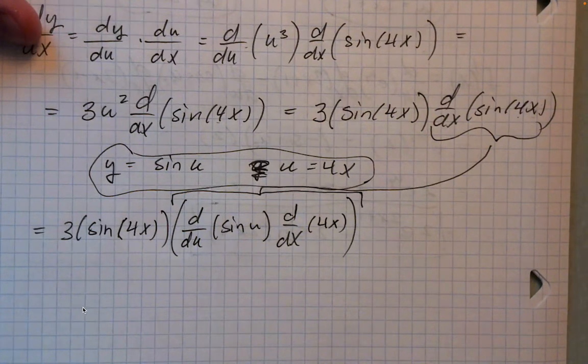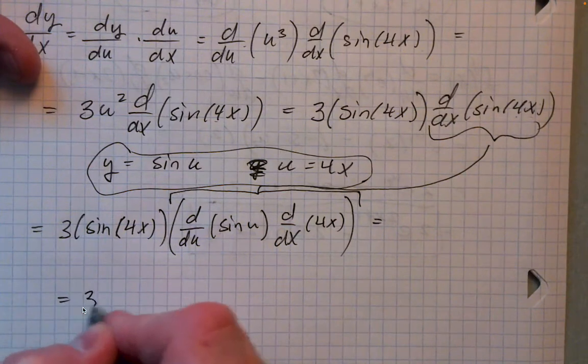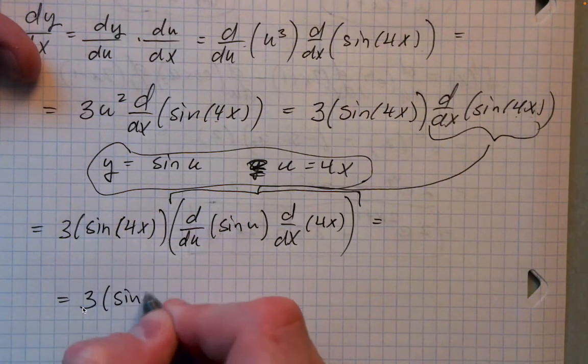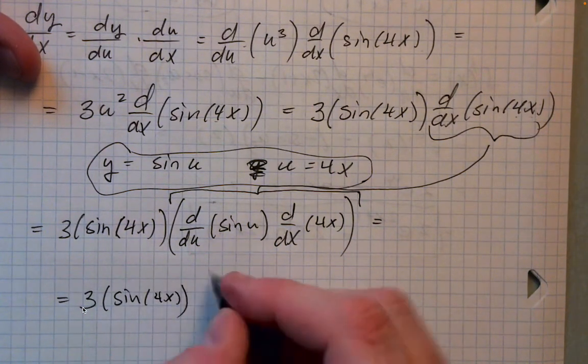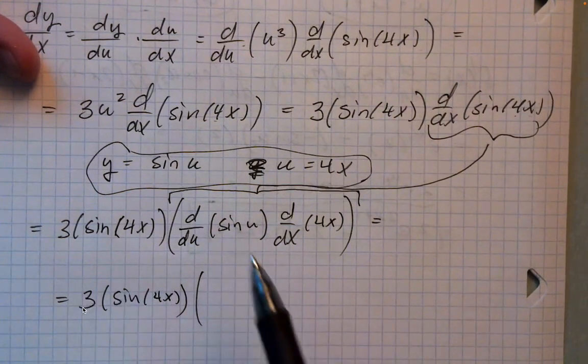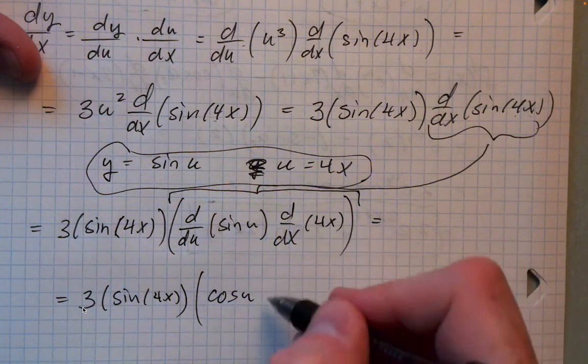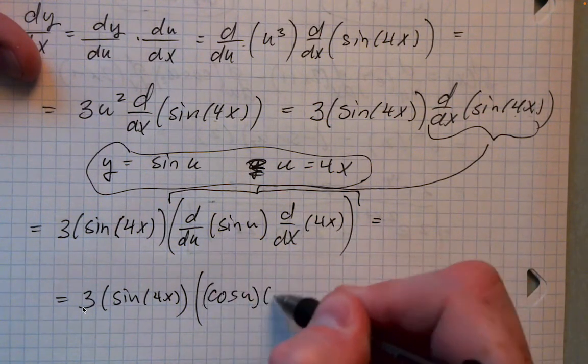Okay. And these are both easy to do. So you get 3 times the sine of 4x, again just bringing that along. And then inside here, the sine of u, the derivative of that is cosine of u. And the derivative of 4x is 4.